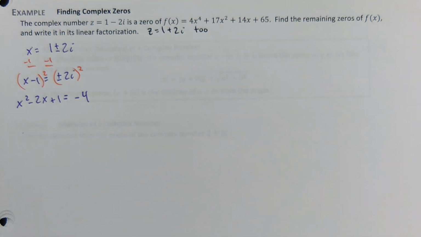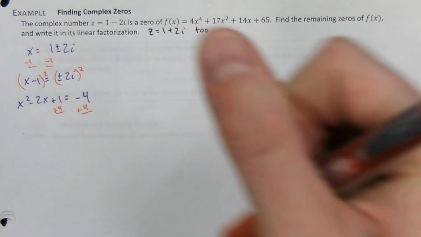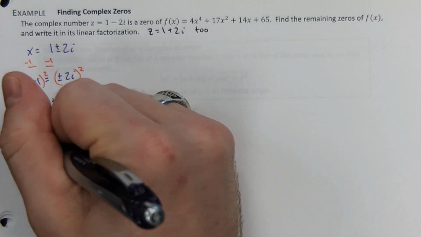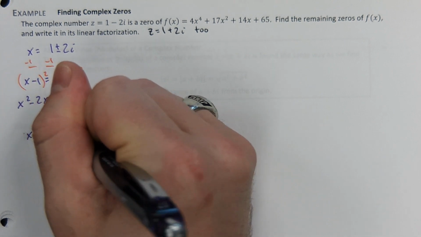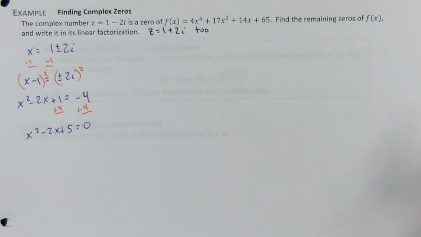Now you can just add this 4 to both sides, and you have an irreducible quadratic factor of your 4th degree polynomial. Yay! x squared minus 2x plus 5 is one of my factors. So when I do the long division, there won't be a remainder, because this is one of my factors.